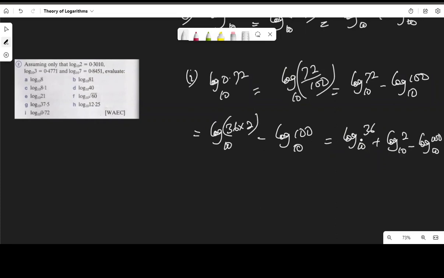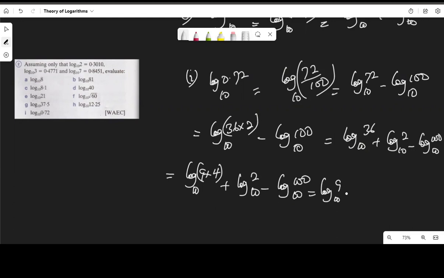36 I can express as 9 times 4, so log of 9 times 4 to base 10 plus log 2 to base 10 minus log 100 to base 10, which is log 9 to base 10 plus log 4 to base 10 plus log 2 to base 10 minus log 100 to base 10.